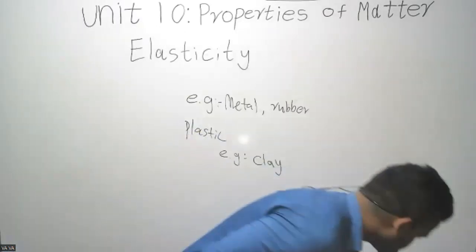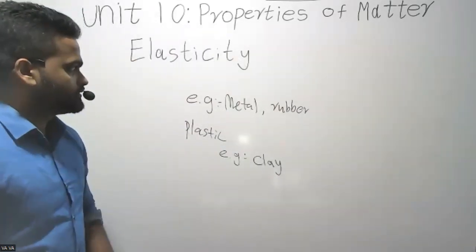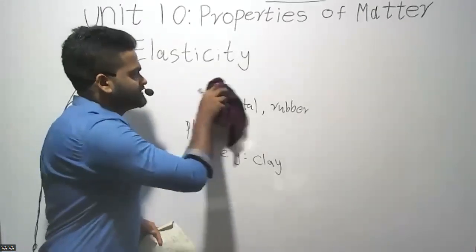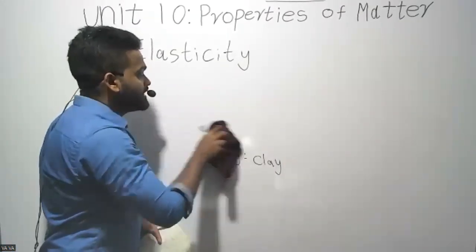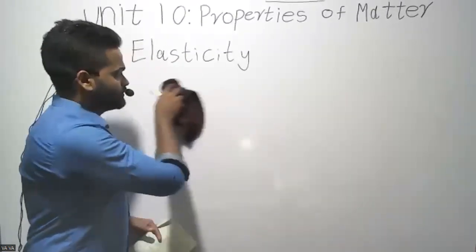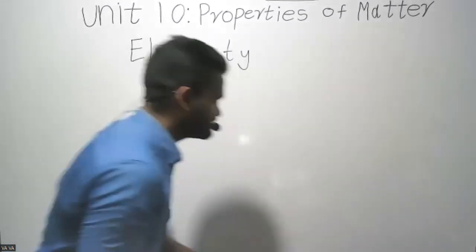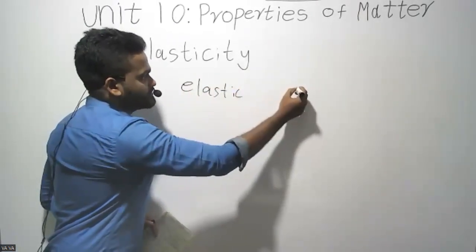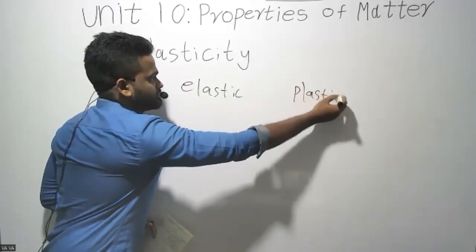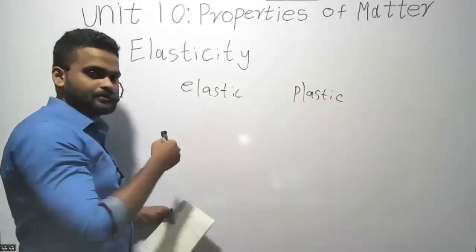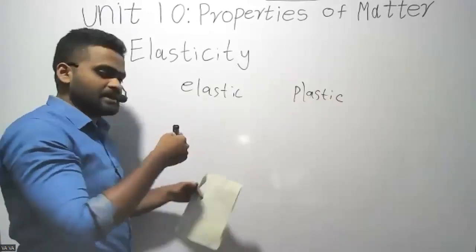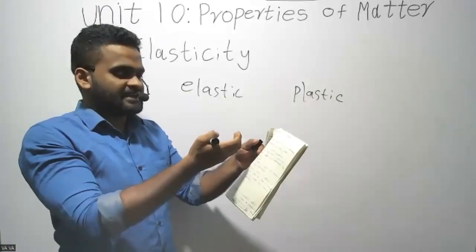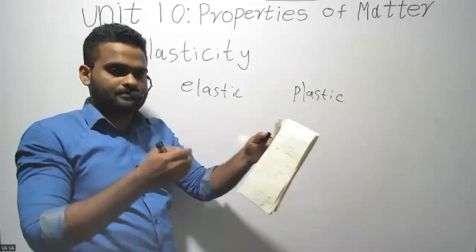So basically what the note says is there are two types of materials. One type is elastic materials. Other type is plastic. When you give a force to an elastic material and then remove the force, that material regains its original shape, just like rubber.